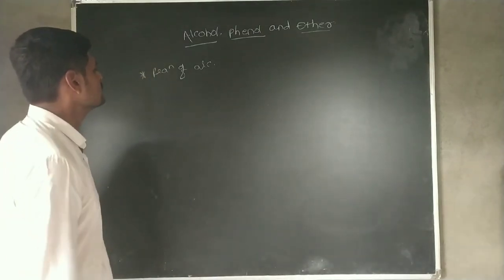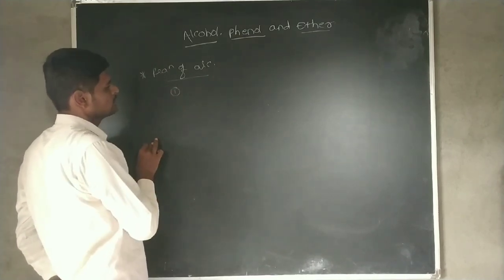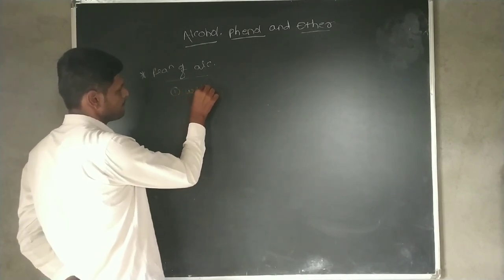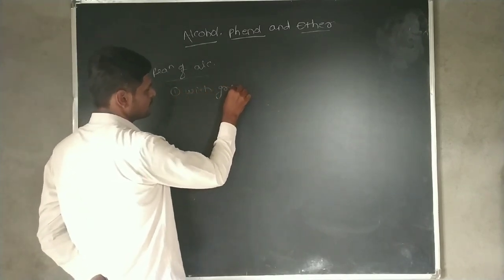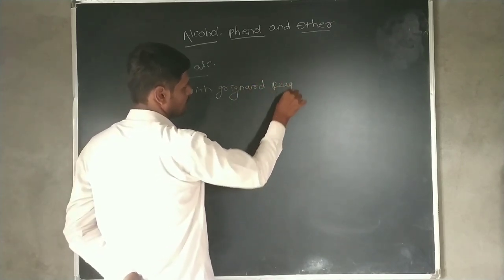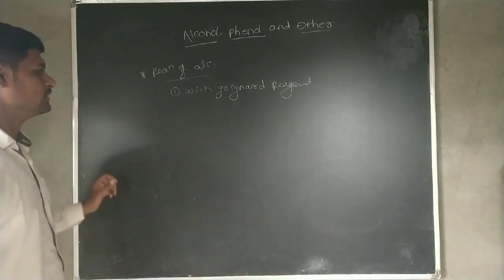The first point is the reaction of alcohol with Grignard reagent.